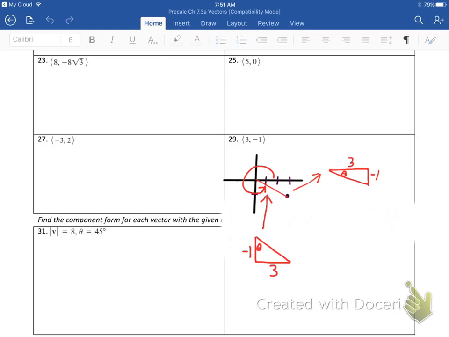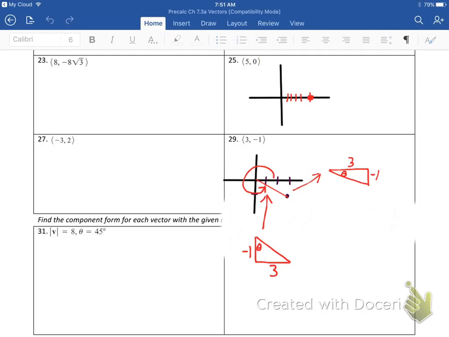Yeah. 25. So 25 would have been (5, 0). So that means I'm going to move out here. Why are you not putting a point? All right. There. 1, 2, 3, 4, 5.